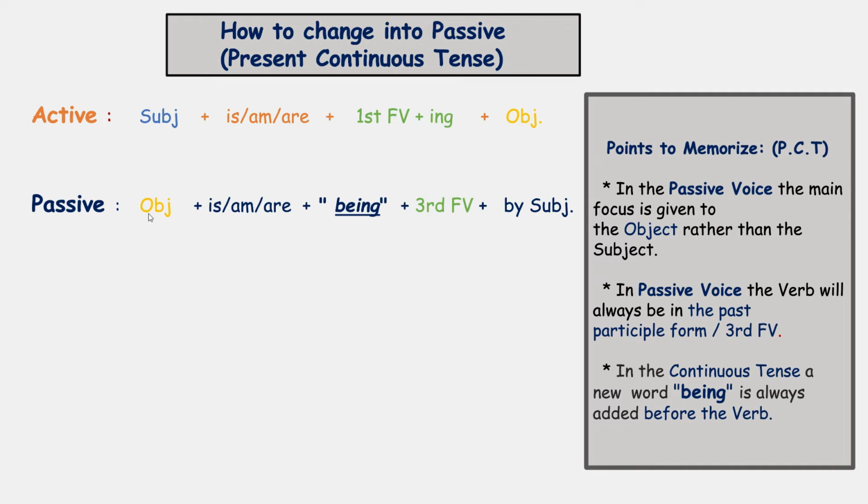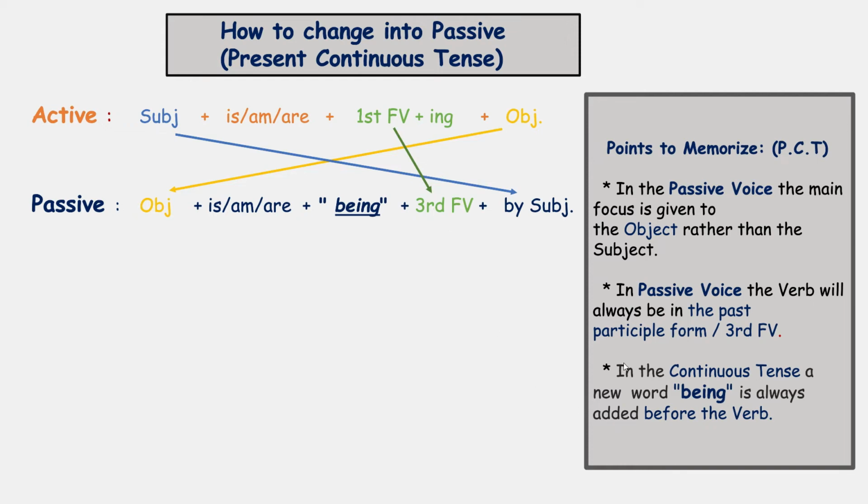That's why it's in front. And the subject, which used to be in front in the active, in the passive will go at the back. And here is one more point. In the passive voice, the verb will always be in the past participle form or the third form of the verb. First form ing will change into third form past participle.